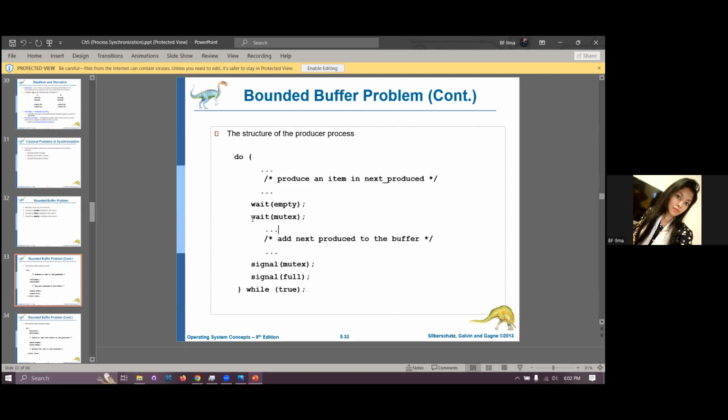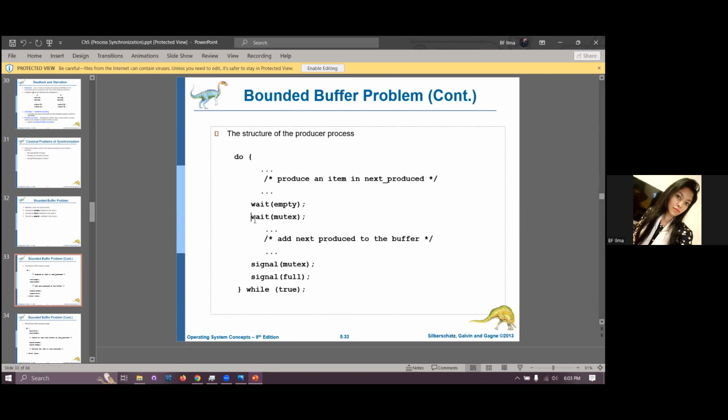Wait on mutex. This is to ensure that now we are going to move on to the critical section. So we have to prevent any other process from modifying the critical section. Mutex was initialized to 1.